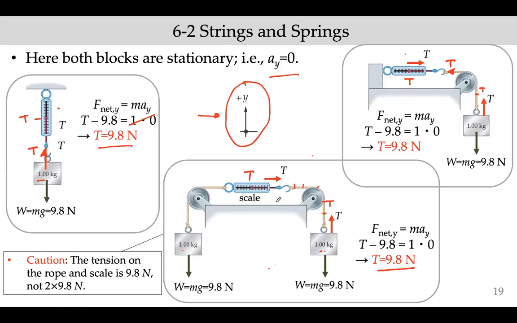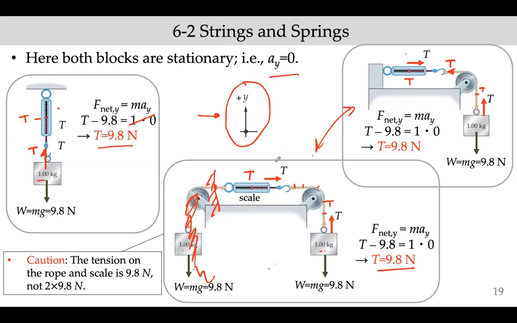If you compare it with this one, here you may say, well, there's only 9.8 pulling it down, but here the same rope is pulled by 2 of them in the opposite direction. So shouldn't it be 2 times 9.8? The answer is no, because when you have equilibrium, if these objects are not moving, you can think of this, cut this rope here and put it on the wall.